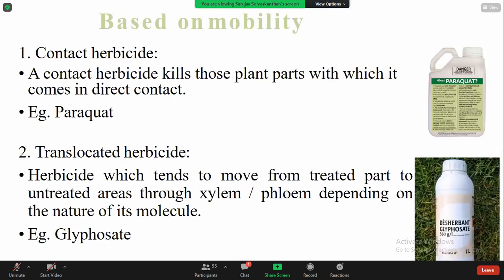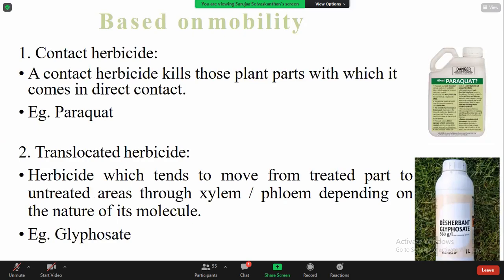Then based on mobility: contact herbicide and translocated herbicide. Contact herbicide means the herbicide only destroys the part it contacts. Translocated means it is translocated through the phloem and xylem and affects other parts also.